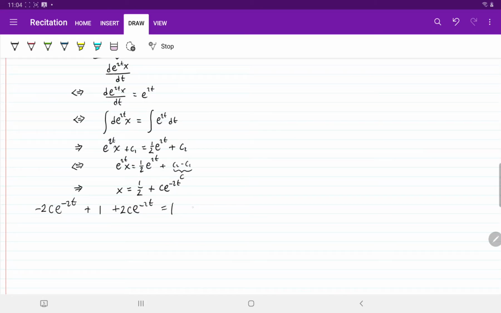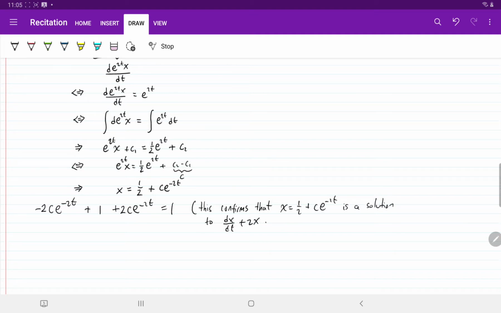So this confirms that x = 1/2 + c e^(-2t) is a solution to dx/dt + 2x = 1.